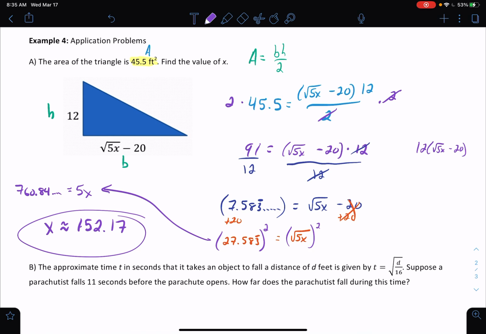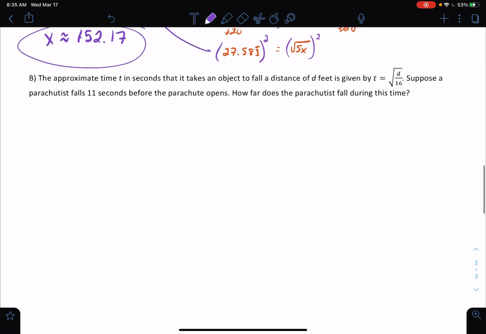Okay? And the last application problem is that the approximate time in seconds that it takes an object to fall a certain distance is given by this formula. Suppose a parachutist falls 11 seconds before the parachute opens. How far does the parachutist fall during this time?